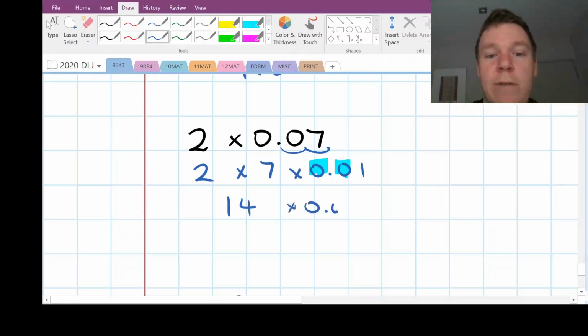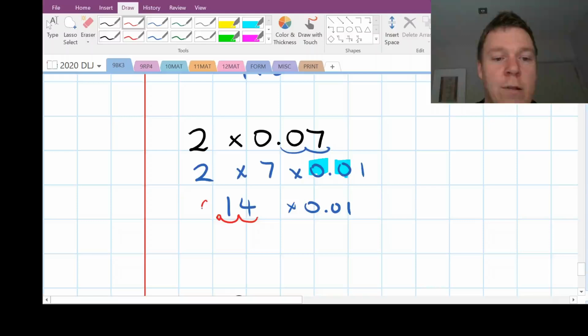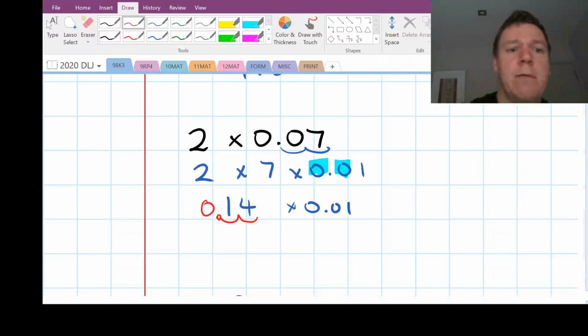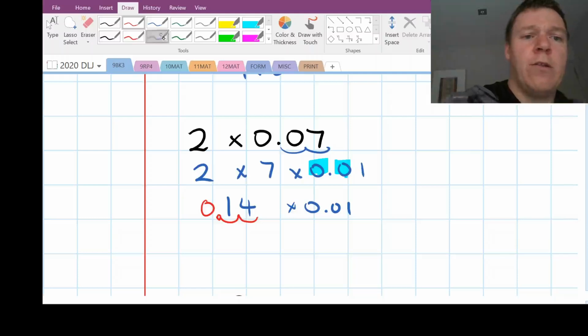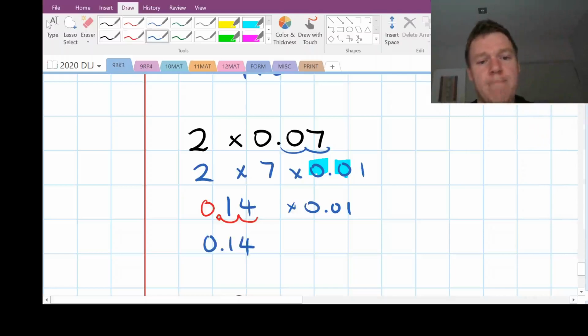And then we'll just leave that on the end. Now, if we were to move, we know that a 0.01 moves it twice, so our decimal point is going to end up here. And there's going to be an extra 0 that we're going to need to put there to take its place and make the number make sense. So our final answer is 0.14. 2 times 0.07 is 0.14.